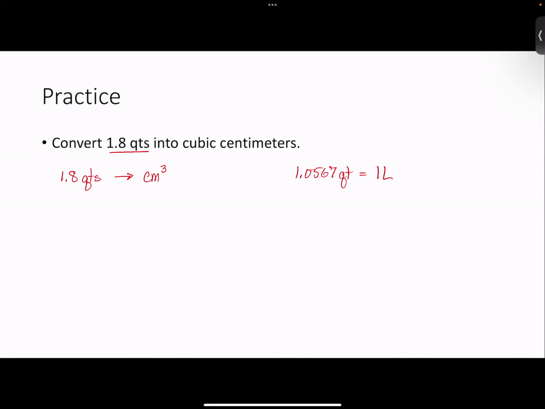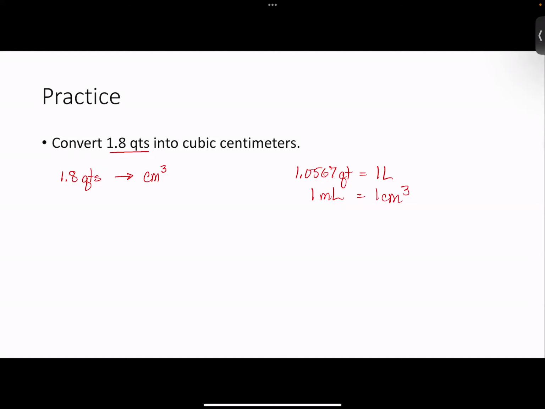Now, the reason I chose that is because centimeters cubed, one of the things I know is 1 milliliter is equal to 1 centimeter cubed. So I have a way to go between the English system of quarts to the metric system of liters, which ultimately will let me get to 1 milliliter is 1 centimeter cubed.